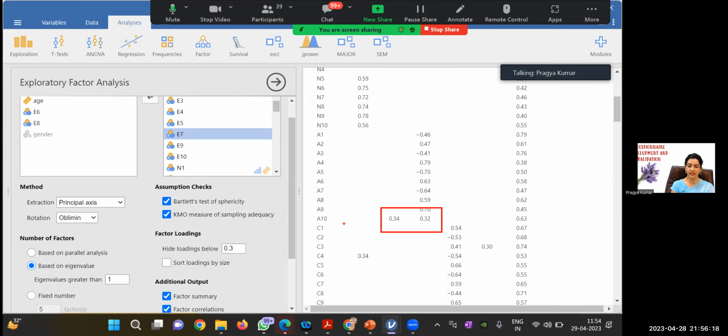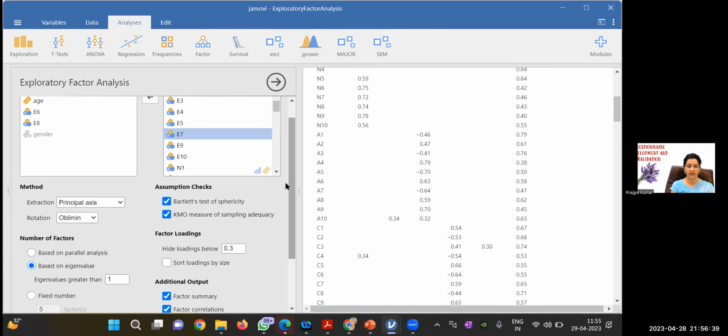If an item is getting loaded on more than 1 factor, it is known as cross loading. So the A10 item is getting loaded on 2 factors, and that too the loading is very low. So you will remove this A10 also. So what I'll do? I'll remove this A10.